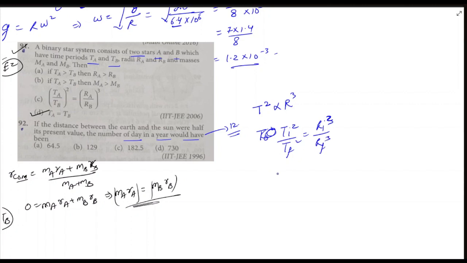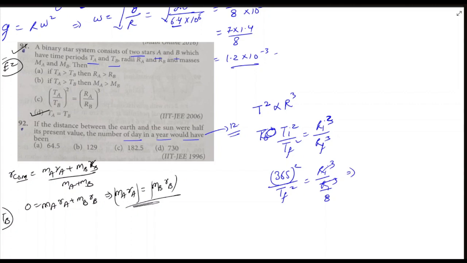So initial was 365, right? So 365 square upon T final square. Our initial was, let's just put it like this, and final will be half. So it will be R initial cube upon 8, right?